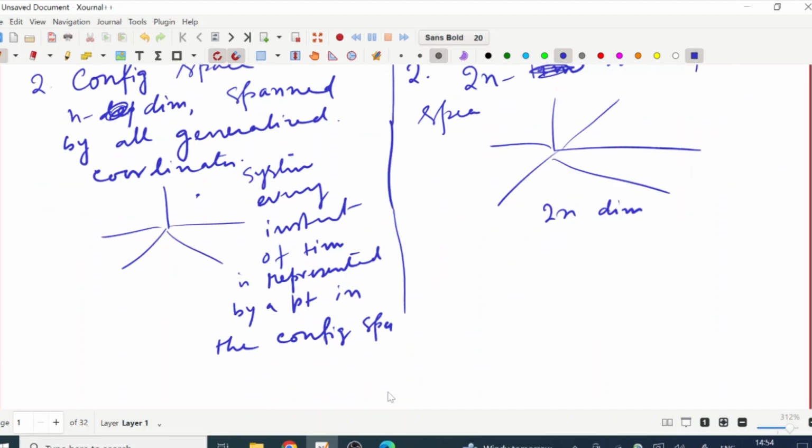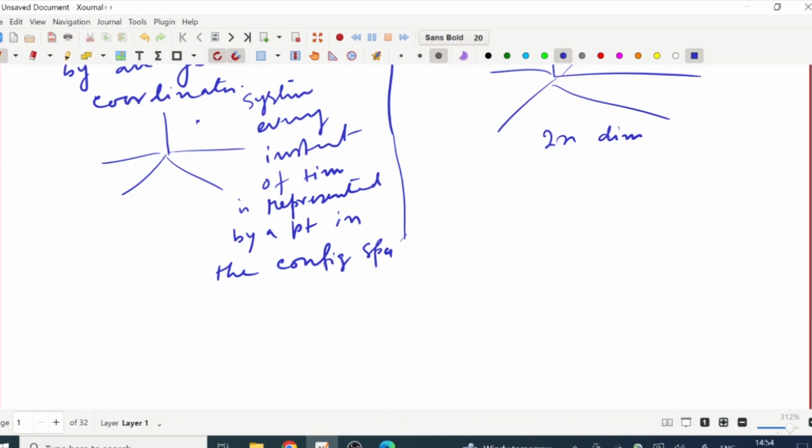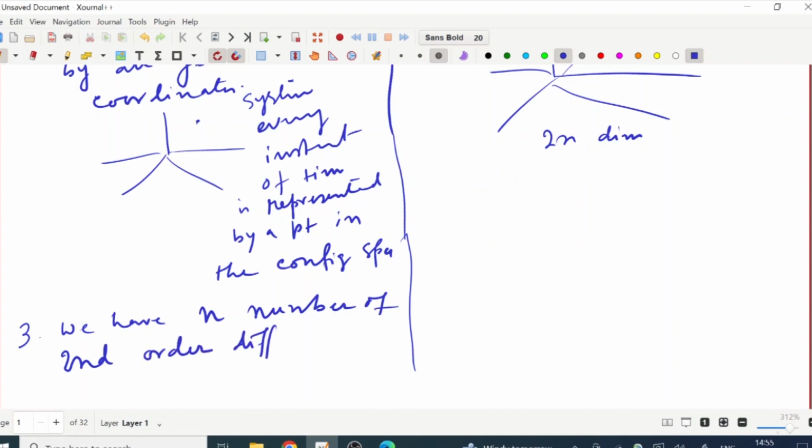Okay. So, in the Lagrangian formulation, the third point, we have n second order differential equations. On the other hand, in the Hamiltonian formulation, we will have 2n first order differential equations.